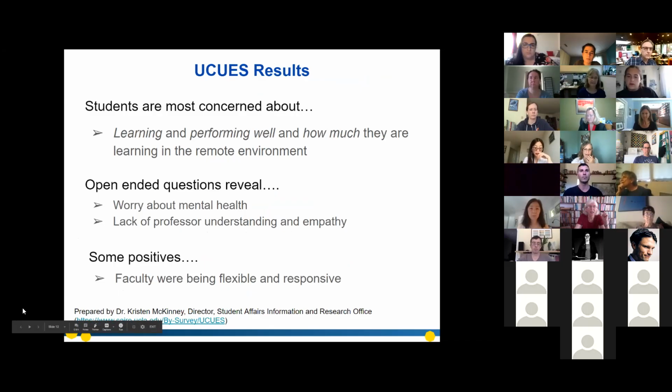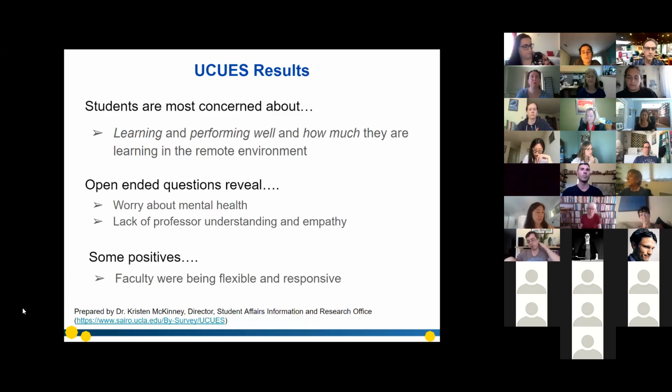So a few other things that students are most concerned about are really performing well. And so they're really thinking about the class environment and whether or not they're doing well. They really care about their education. They care about learning. But there's worry about mental health, and some of them mentioned being concerned that their professors aren't understanding, or maybe are lacking empathy.